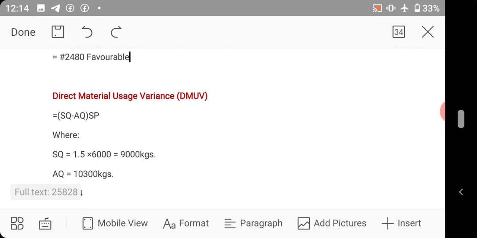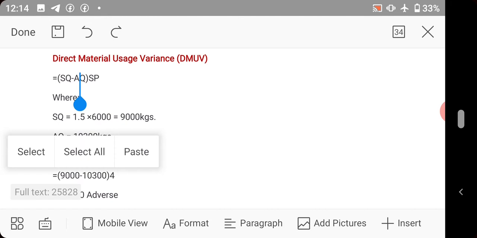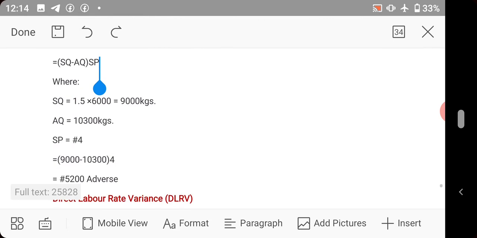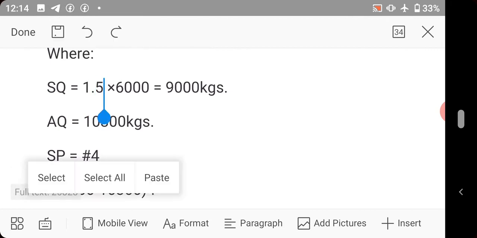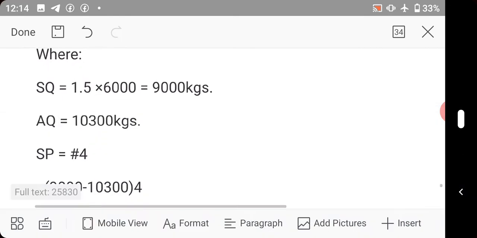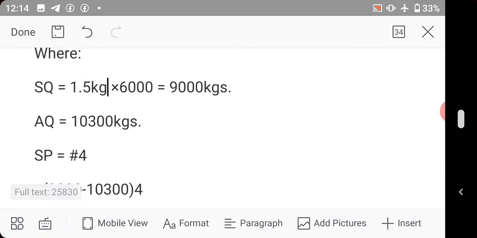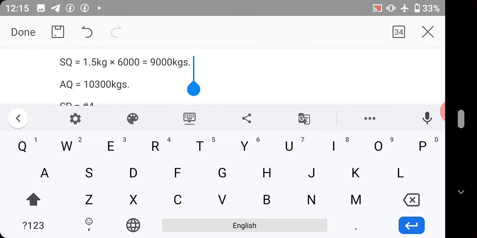Then we'll look at direct material usage variance. The formula is standard quantity minus actual quantity times standard price. Standard quantity: to produce 1 unit of finished goods, we'll use 1.5 kg of raw material. 6,000 units were produced, so multiplying, we have 9,000 kgs.